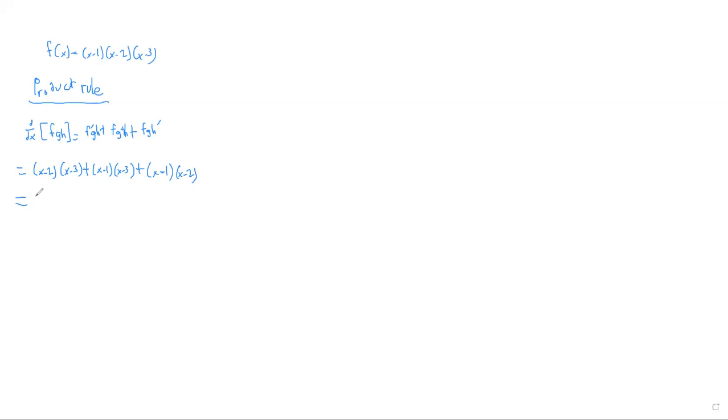Okay, anyways, that is equal to x squared minus 5x plus 6, plus x squared minus 4x plus 3, plus, let's see, x minus 1, x squared minus 3x plus 2.